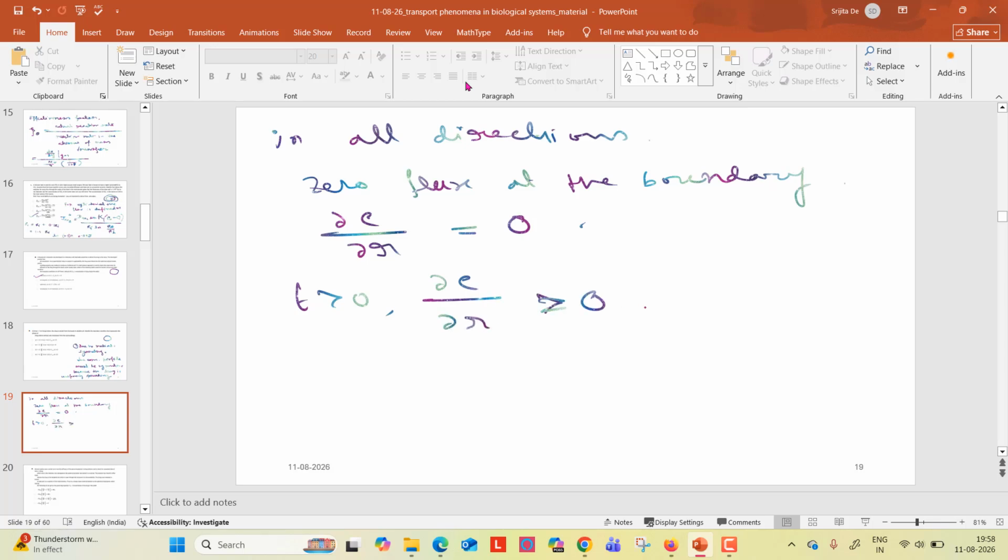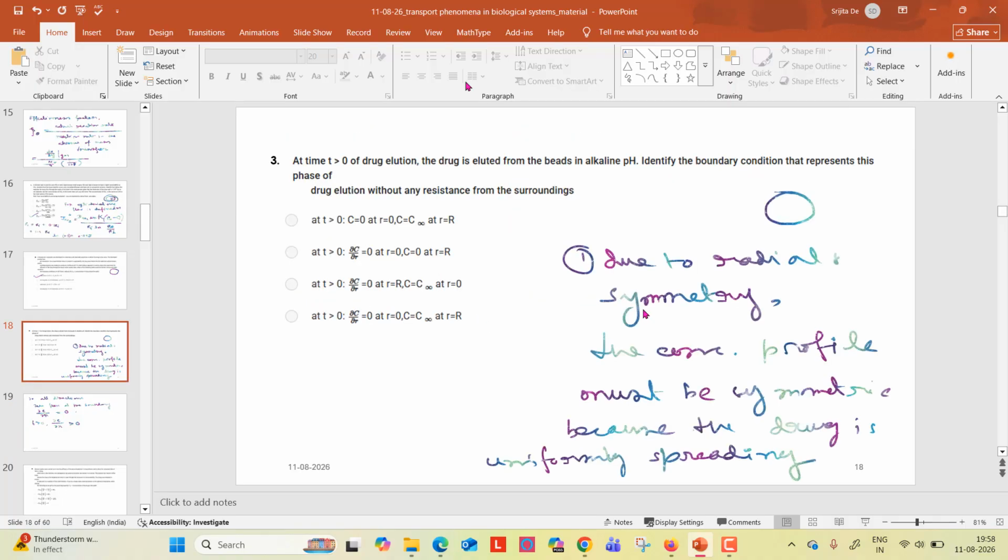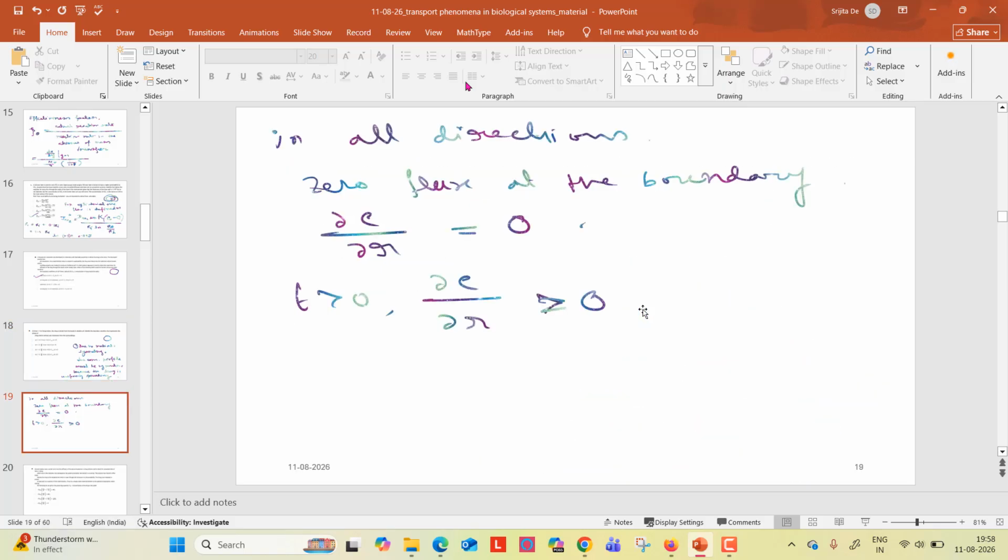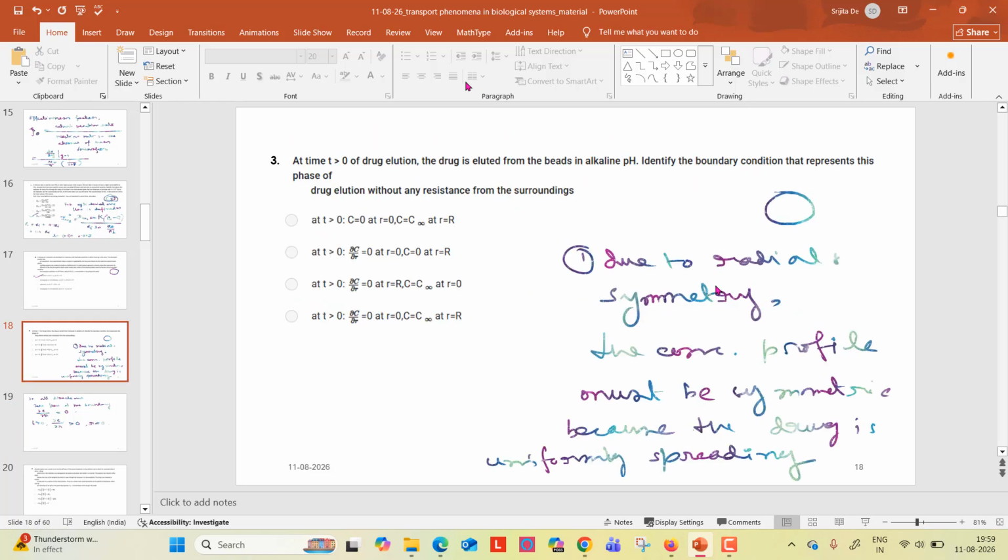And when it reaches the boundary, del C del R equals 0 at R equals 0. So at the middle, because it is diffusing, there is no mass transfer.